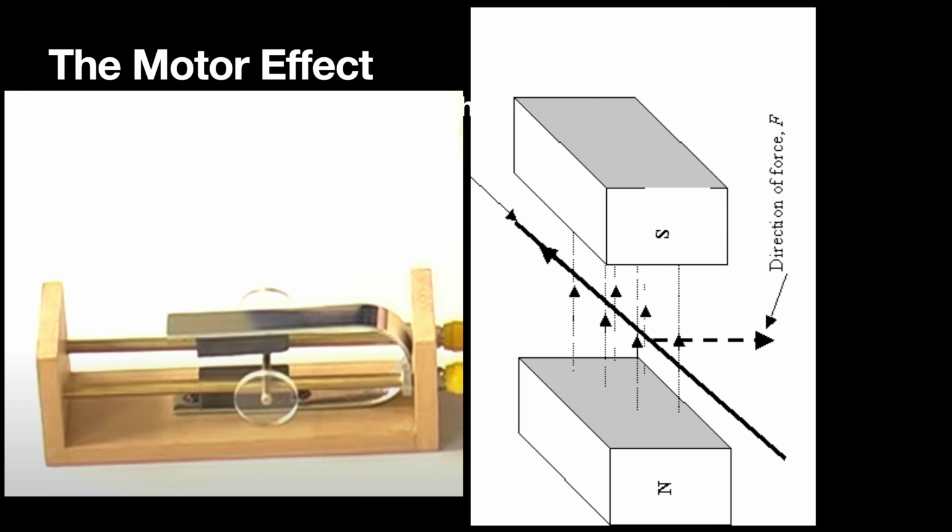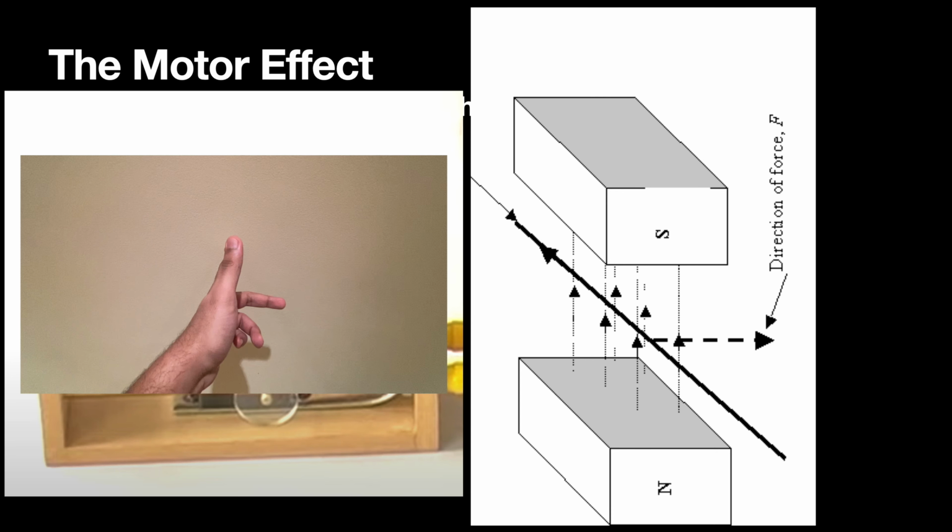Going back to our screenshot from before, does it work? Use your hands to see if you can match what's happening here, where our magnetic field lines are upwards, and that should mean our first finger is pointing upwards. Our direction of current flow is into the screen, and therefore the direction of motion or the direction of force is to the right.